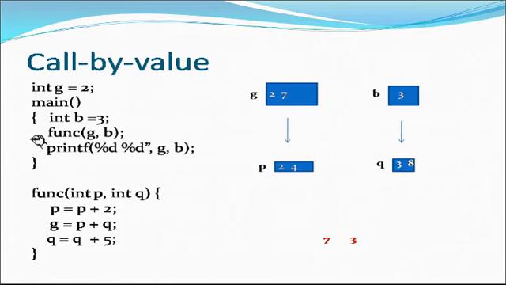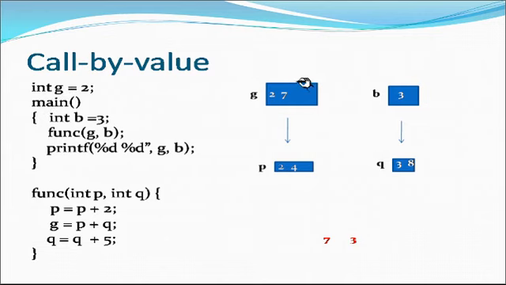There is a main function and a function called func. The main program calls func with two actual parameters, g and b. Out of these, g is a global variable, whereas b is local to main.